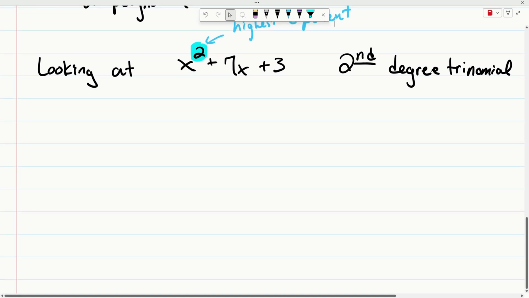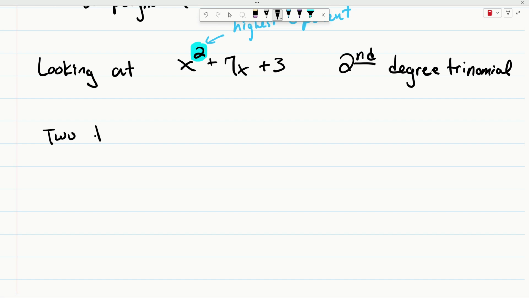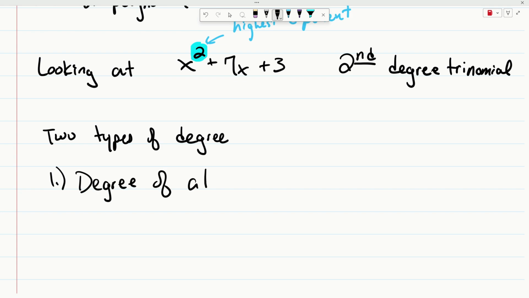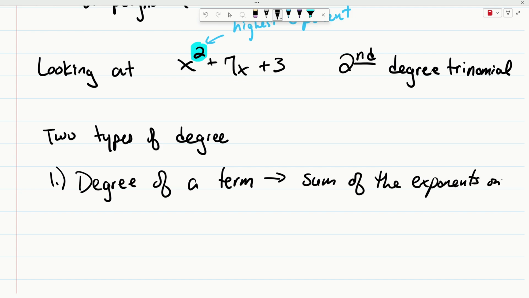So we have two types of degrees. We have the degree of a term. All right, now be very careful. This is the degree of a term. And this is the sum of the exponents on the variables.